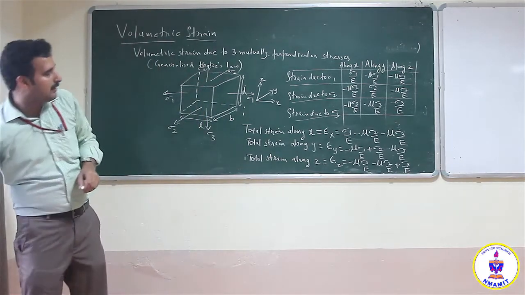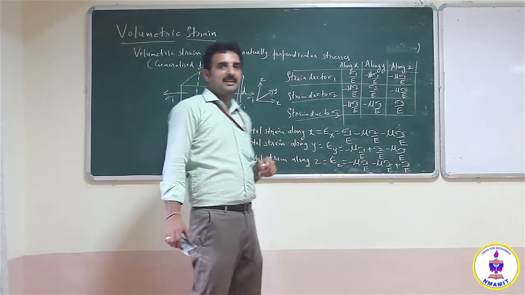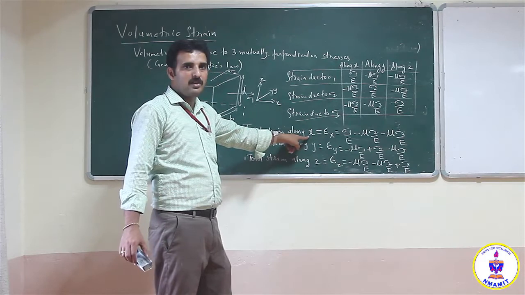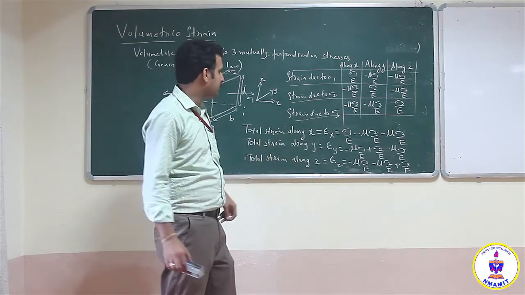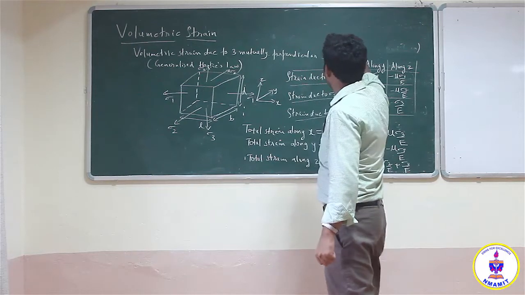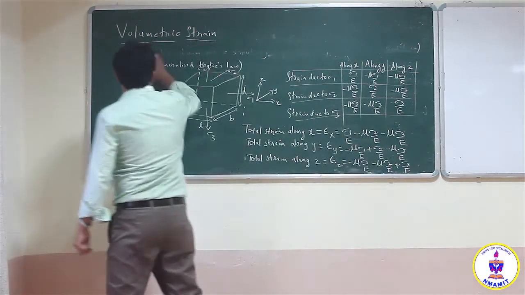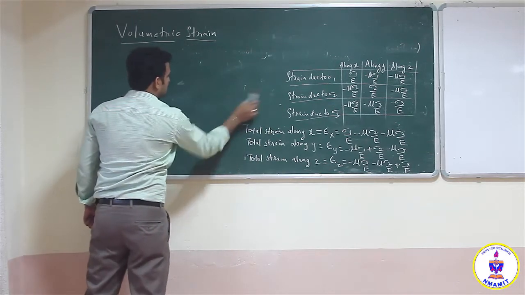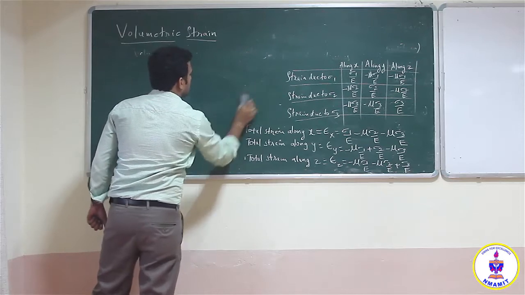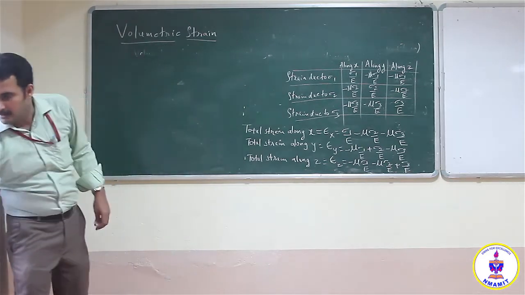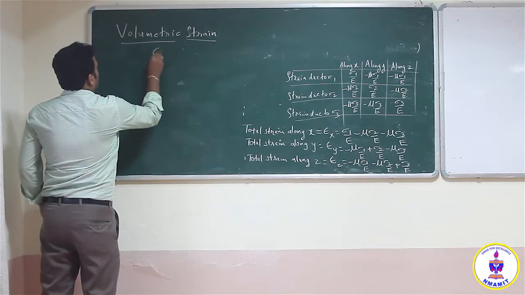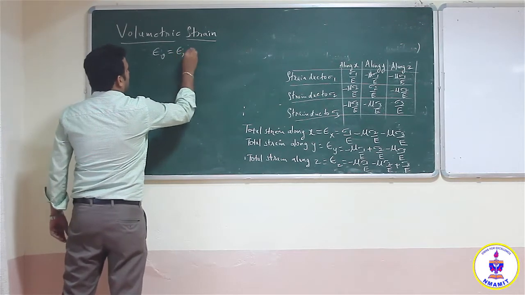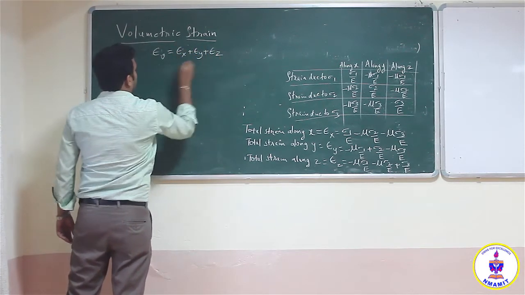So now once we write the total strain along x, y and z, we can write the expression for volumetric strain, that is equal to sum of strain along that particular direction plus strain in the other two directions. So I can write volumetric strain epsilon V equal to epsilon x plus epsilon y plus epsilon z.